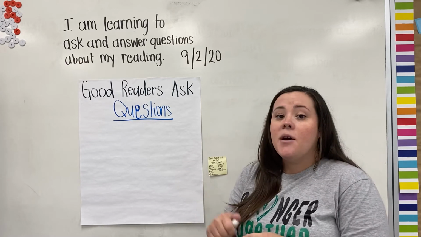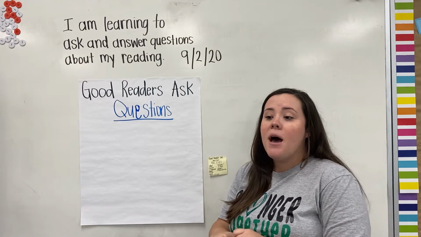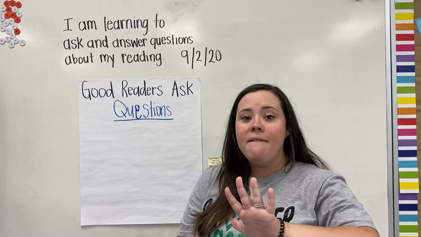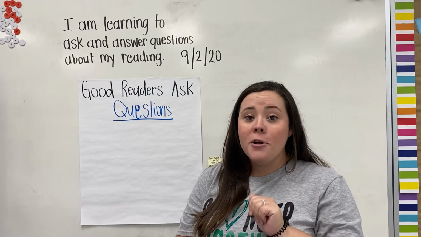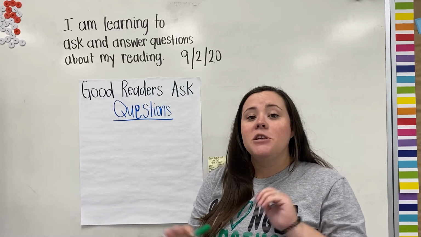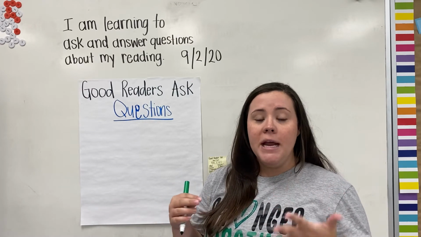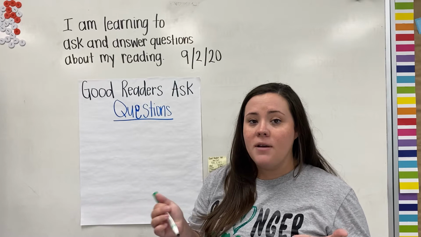All right, so today we are going to be talking about the 5 W questions. You may have heard these in kindergarten or first grade. It's things that we should always be thinking as a reader. You've probably heard them in reading groups before from your reading group teacher last year.